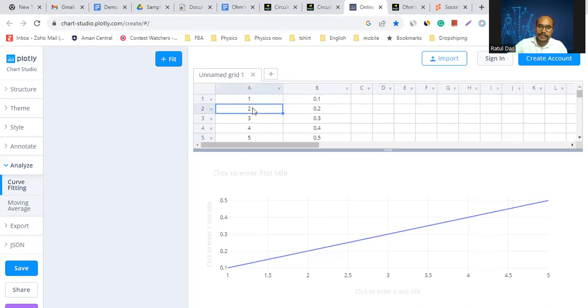These are voltage, potential difference, 1, 2, 3, and these are electric current. So if you plot a graph using this data, you'll get a straight line.